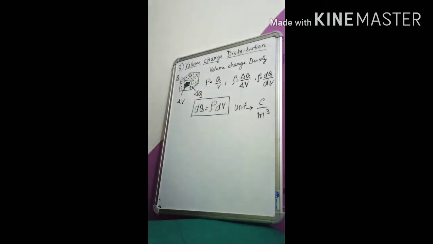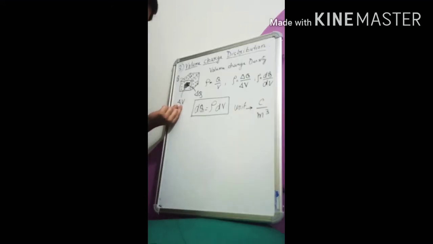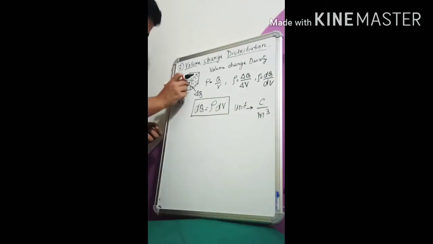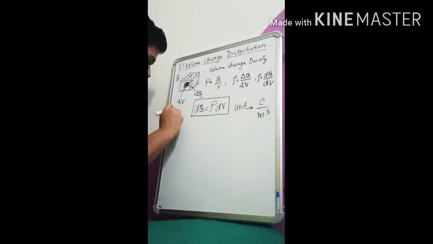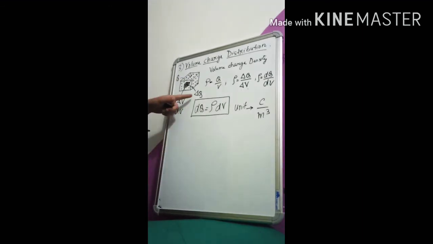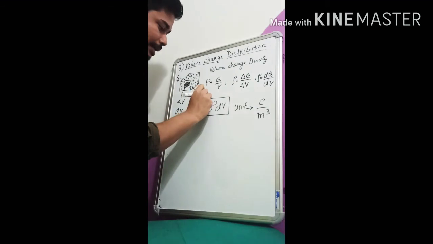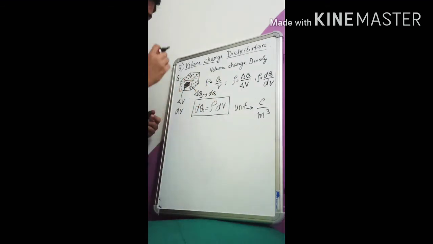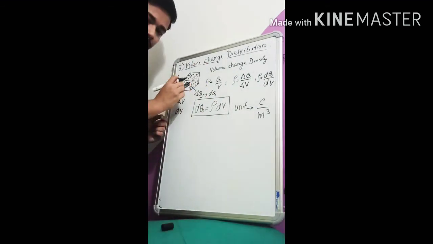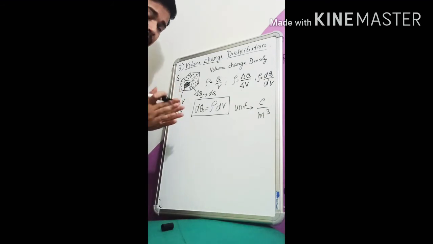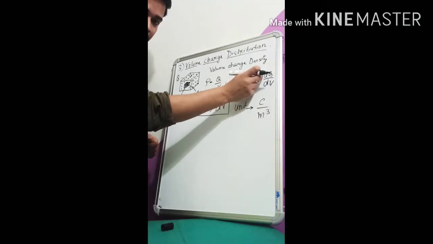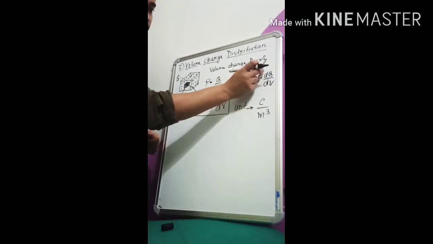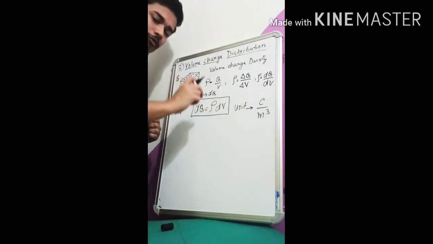Now if that volume element is very small, infinitesimally small, then delta V can be replaced by dV, and delta Q can be replaced by dQ. dQ is the charge present in that volume, and dV is a small volume element.